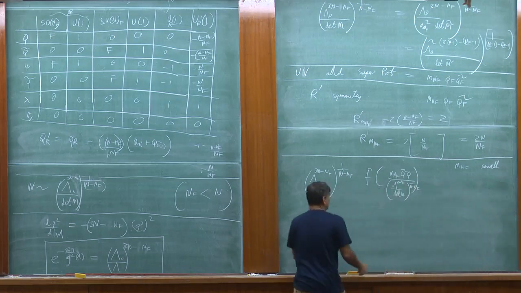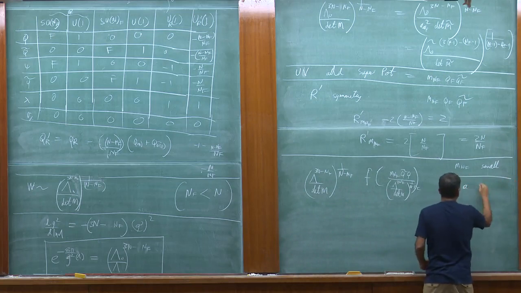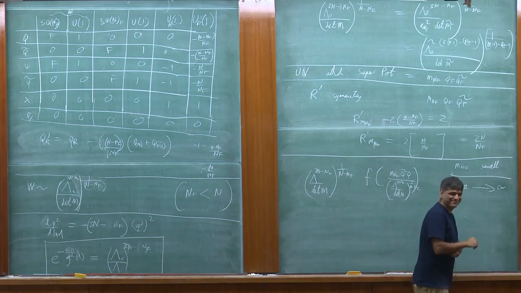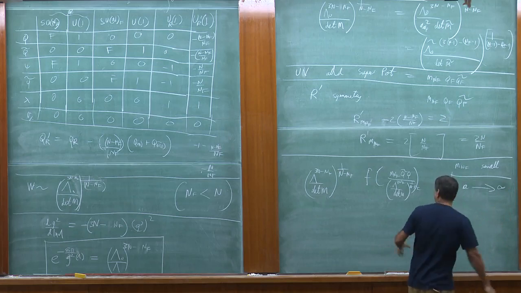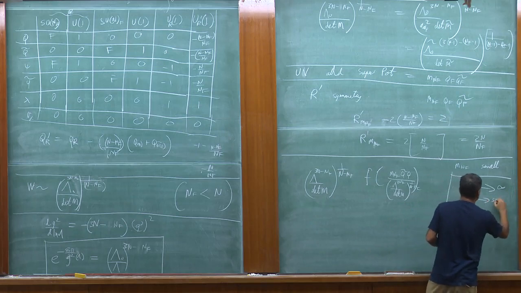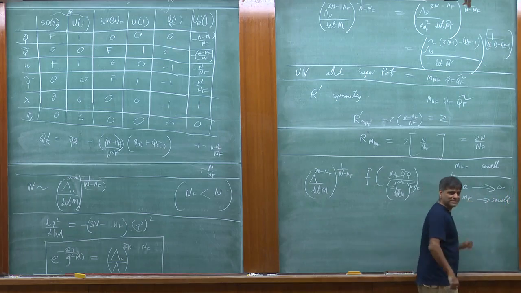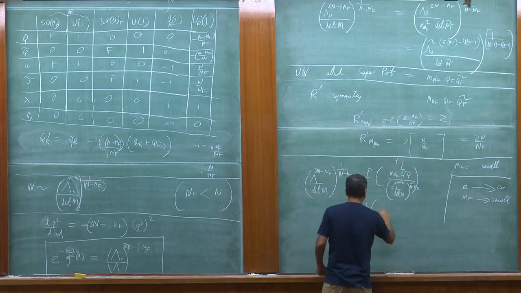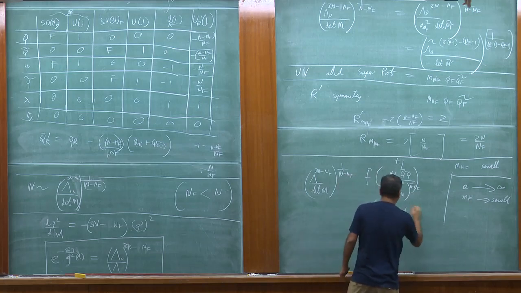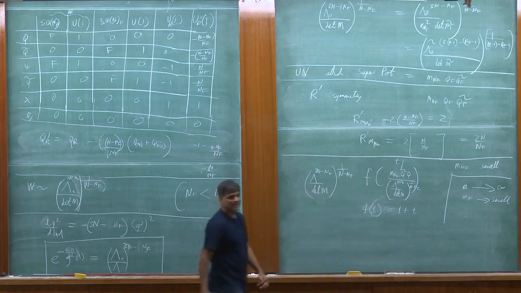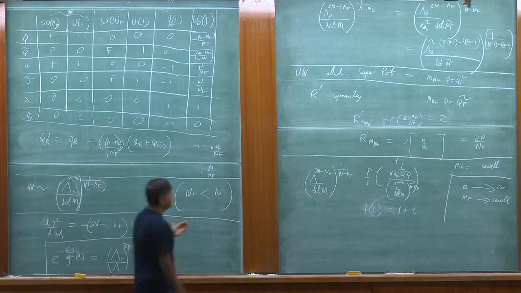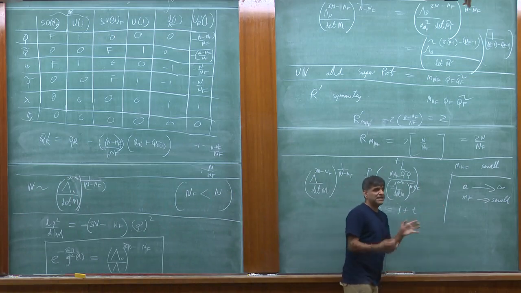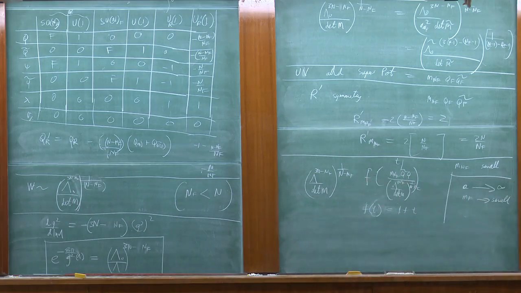So the claim is that by looking at this limit, A going large, and M and F being small, we'll come back to seeing why this is important in 2 minutes, we argue that this function here, let's call this guy T, must just become 1 plus T. Because in this limit, the only effect of adding the mass is adding the mass term to the superpotential, and there are no further quantum corrections to anything else.